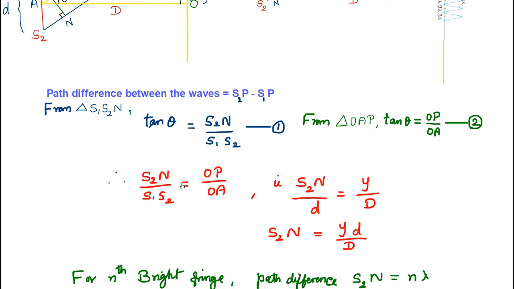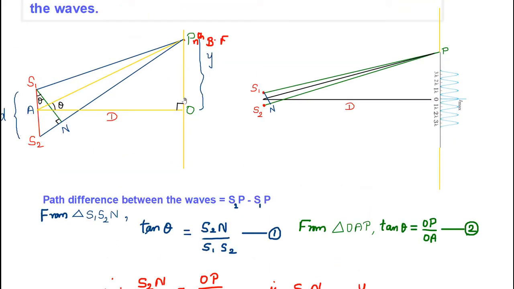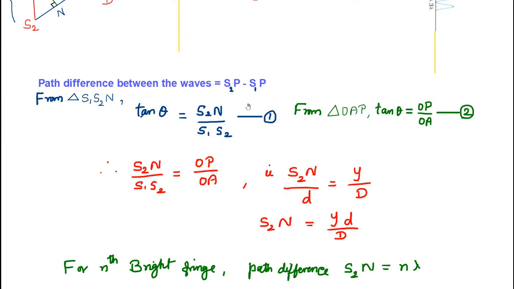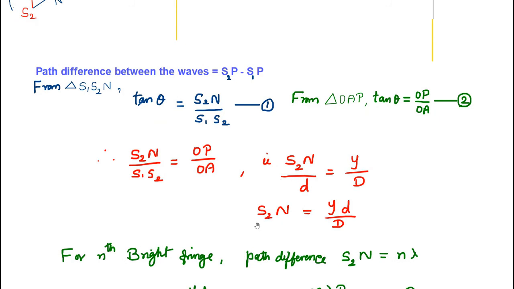That is, S2N divided by S1S2, which is small d, equals OP, which is Y. Y is the distance of the nth bright fringe from the point O. So Y divided by OA, which is capital D. Substituting these values, we get S2N equals Y small d by capital D.